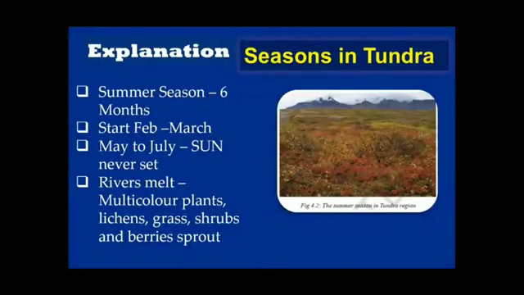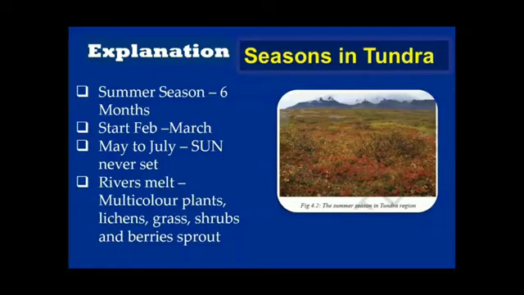Next topic, summer. The sun begins to shine in the tundra around February and March. In the beginning, the sun shines for a maximum of an hour and a half and then sets. Gradually, it lengthens to 2 hours, 6 hours, 8 hours, 16 hours and finally 24 hours.